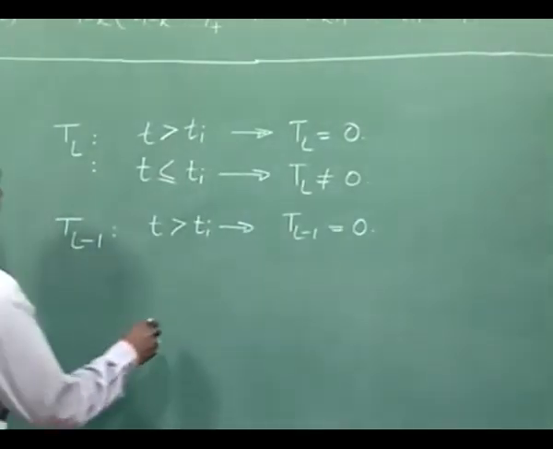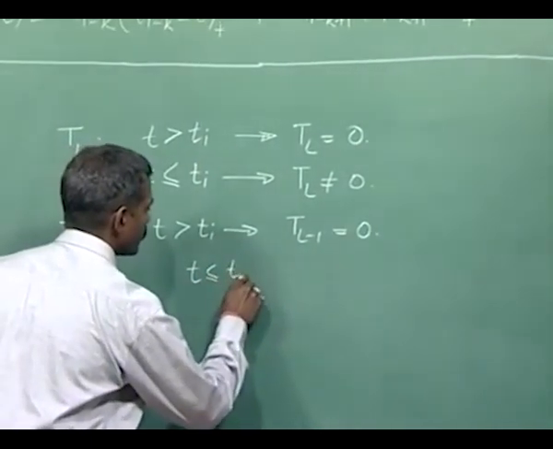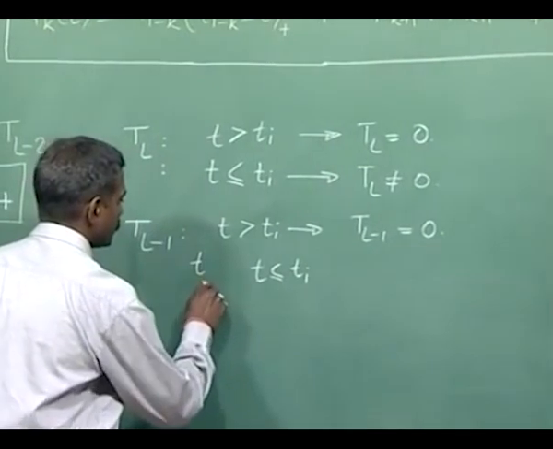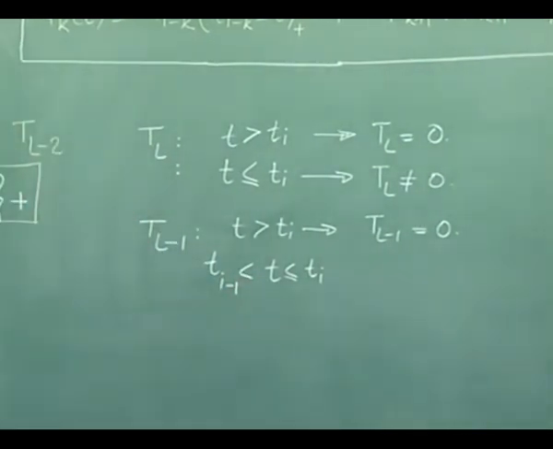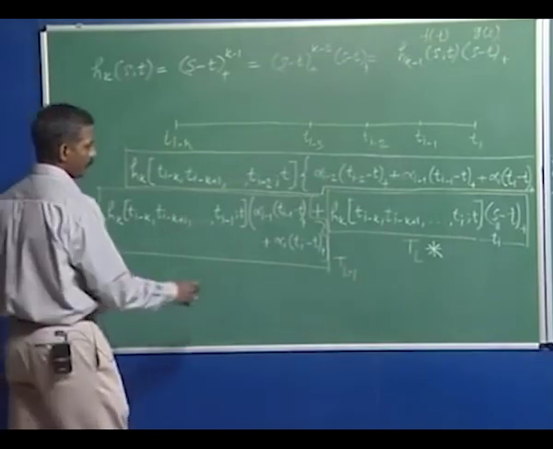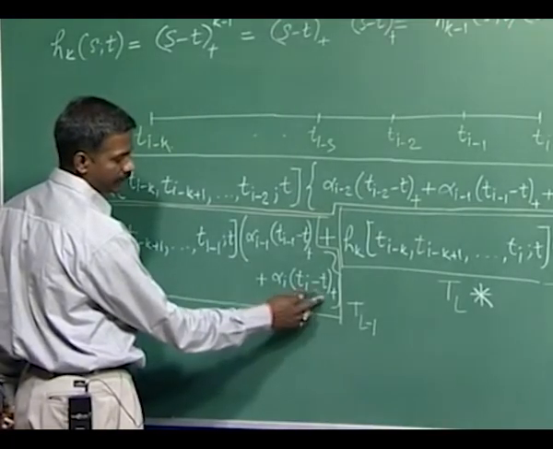Now for t smaller than or equal to t_i and greater than t_{i-1}, what happens? Look at this term here, (t_i - t) truncated.